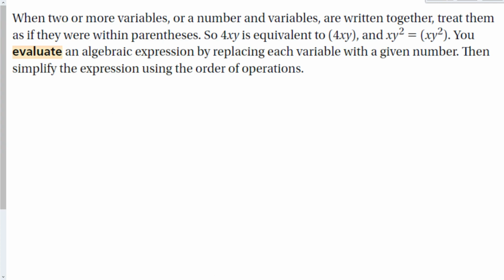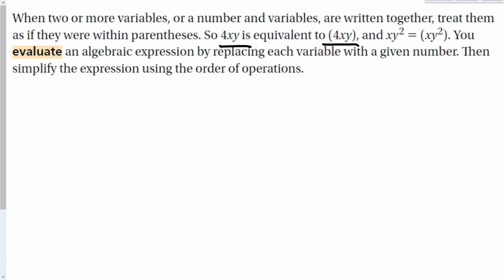Next, when 2 or more variables or a number and variables are written together, treat them as if they were within parentheses. So an expression like 4xy is the same thing as parentheses 4 times x times y. And xy squared is the same thing as parentheses xy squared.